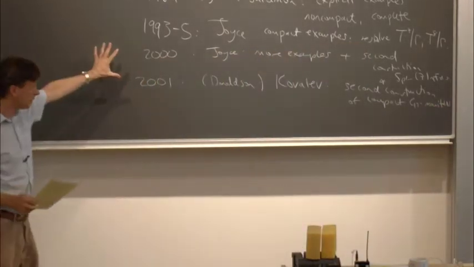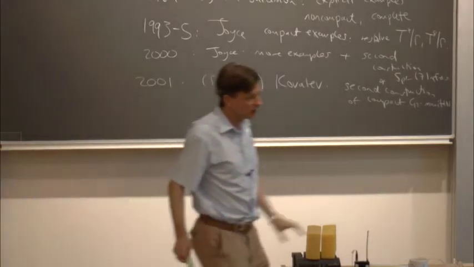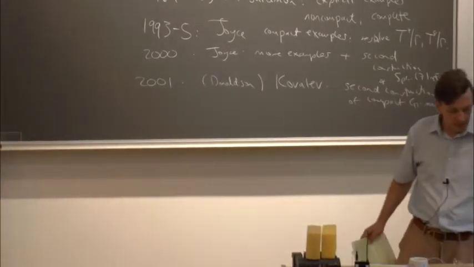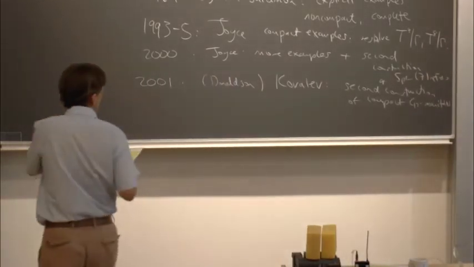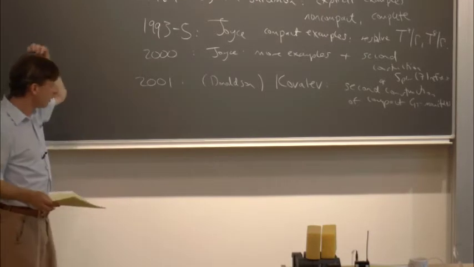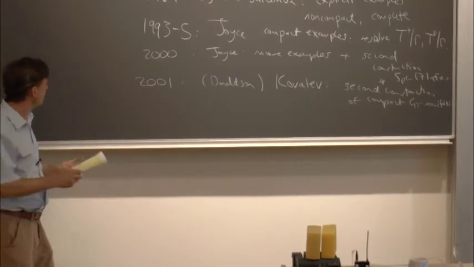The idea was due to Simon Donaldson, and I actually wrote about it in this book with his permission. The idea was then turned into a theorem by Alexei Kovalev. It was a difficult project, and he didn't do it very well in some ways.